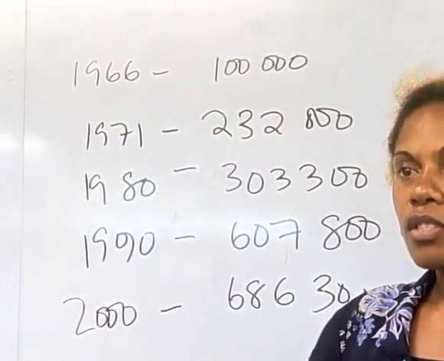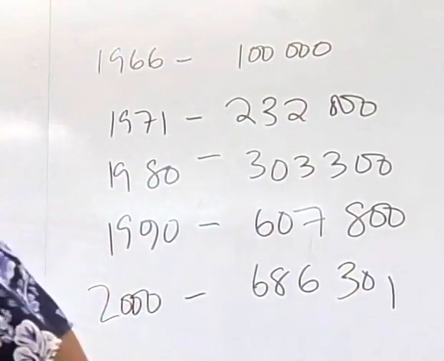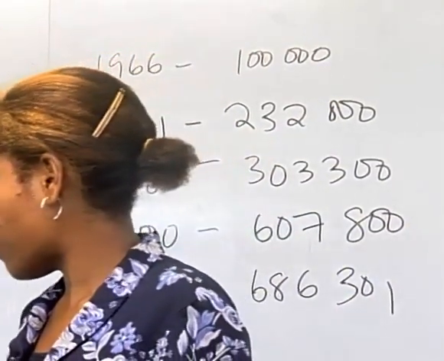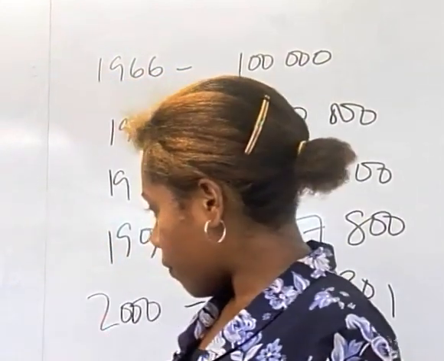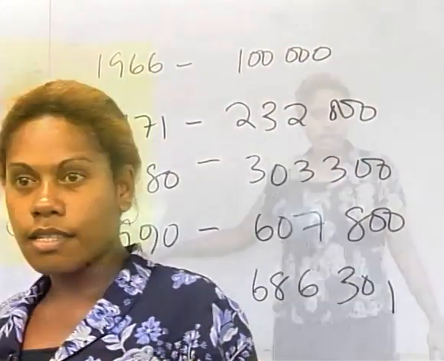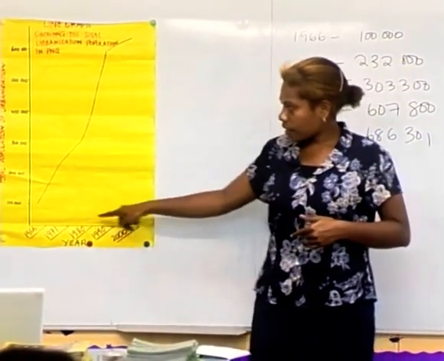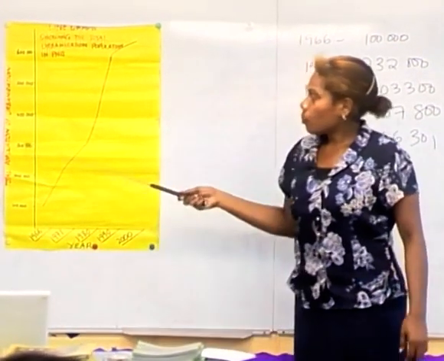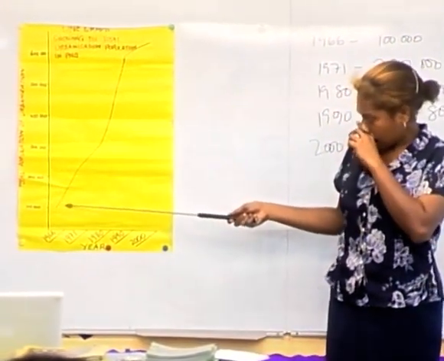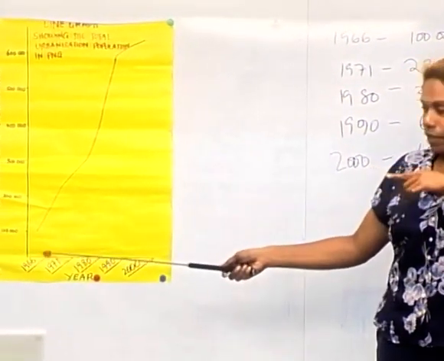Now, receiving students, I hope you did construct your line graphs. So here I have the years on the horizontal axis. The vertical axis, what do I have? The total population of urbanization. So 1966, 100,000.